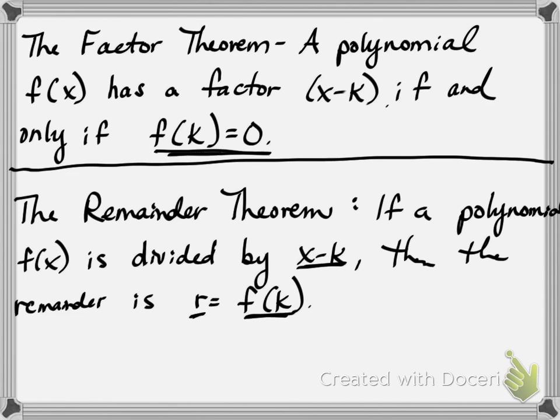So if f of k equals 0, that means the remainder is 0, which means x minus k divided into it evenly. So it was a factor.